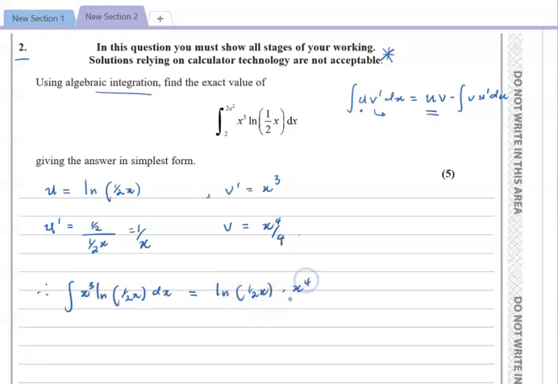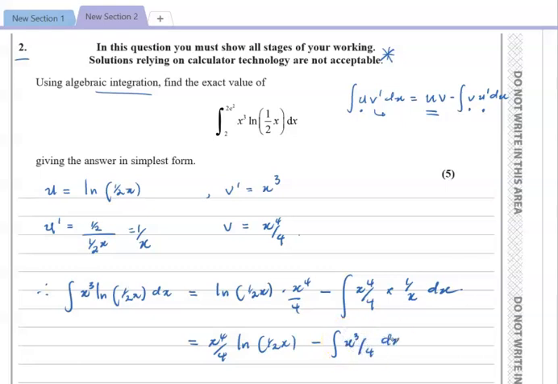My v is x power 4 over 4, minus the integral of v, which is x power 4 over 4, multiplied by the derivative of u, which is 1 over x, with respect to x. So I'll write the x power 4 first, natural log of a half of x, minus, when you simplify this, you have the integral of x power 3 over 4 dx.